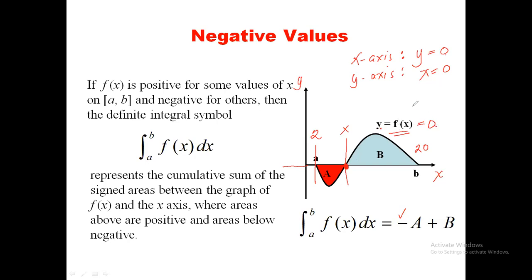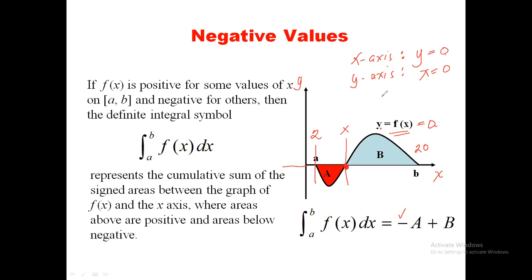You equate the function, whatever it is, x squared plus x plus 1, or e raised to x plus 1, something like that. You equate it to 0. The purpose is you will know this point where your curve crosses.